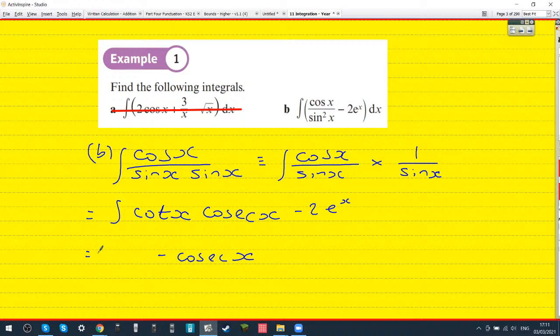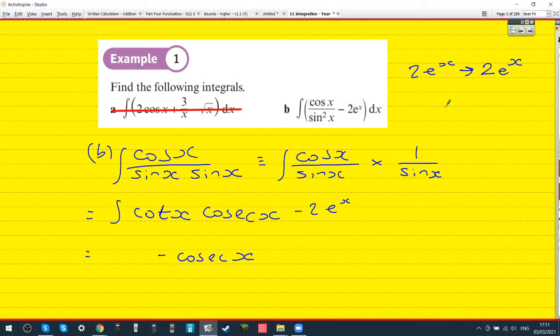What's the derivative of 2e to the x? It is 2e to the x, kind of a special one.